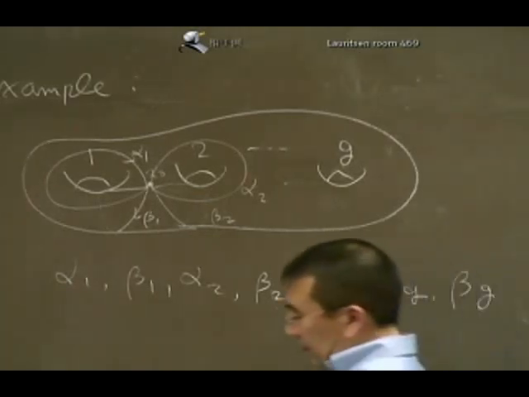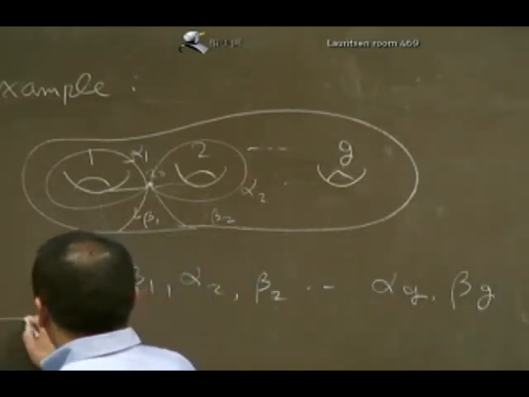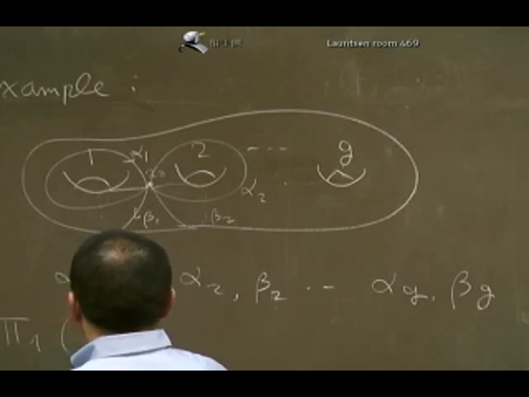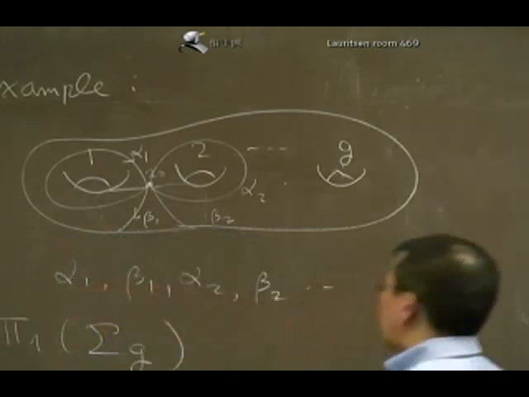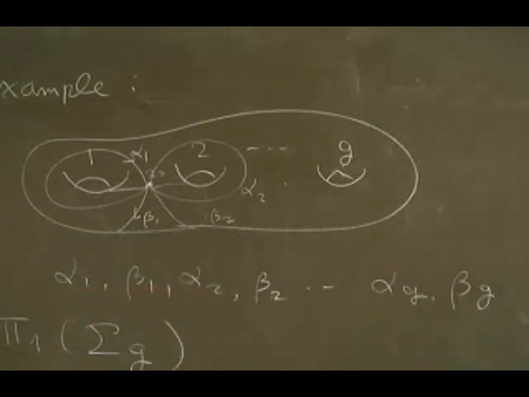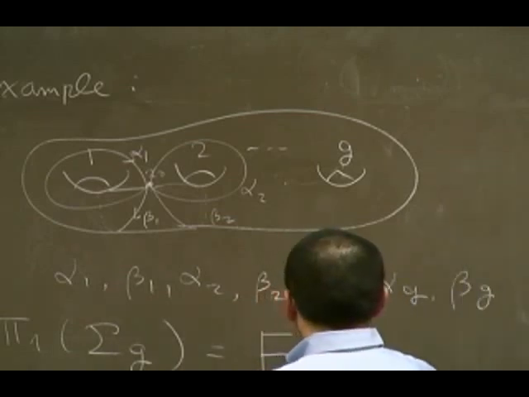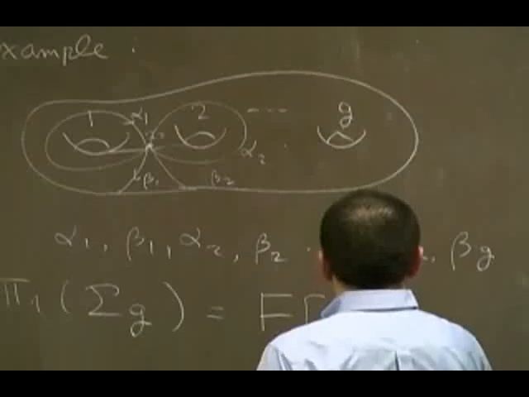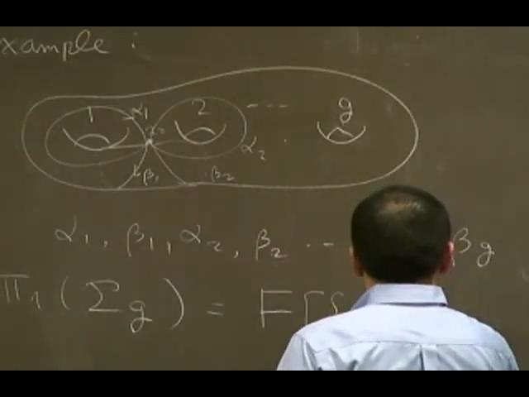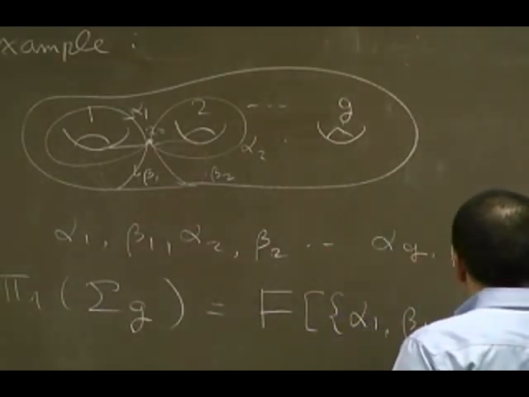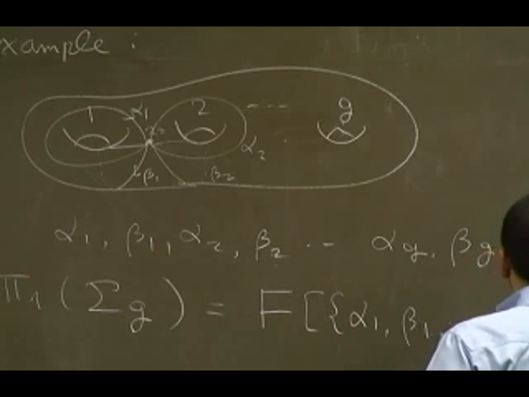So what you can show is that pi 1 of this surface, of what's called genus G, the number of handles G, is actually a free group with just one relation.